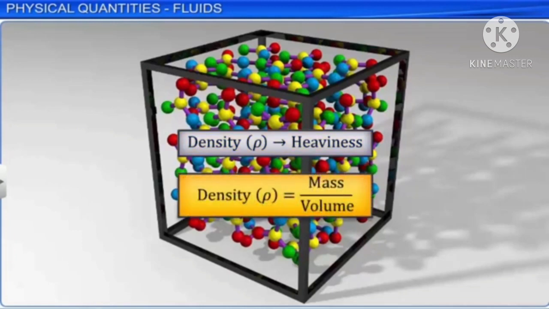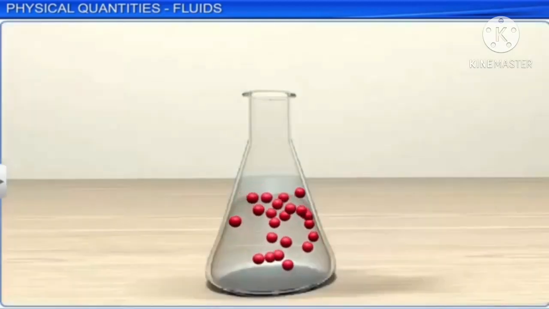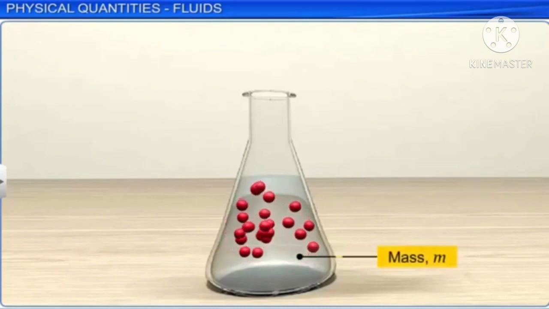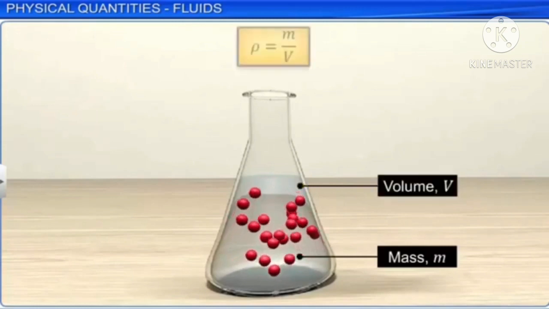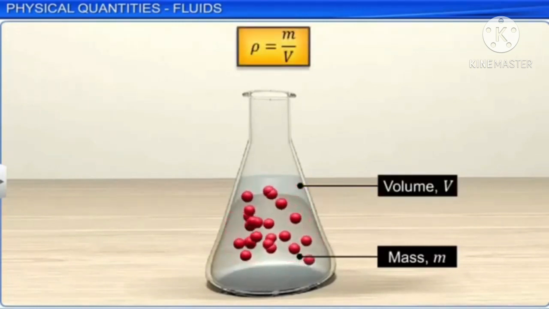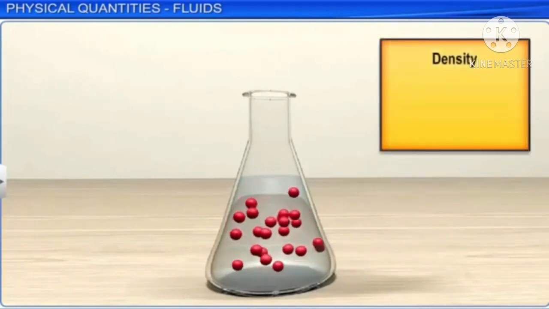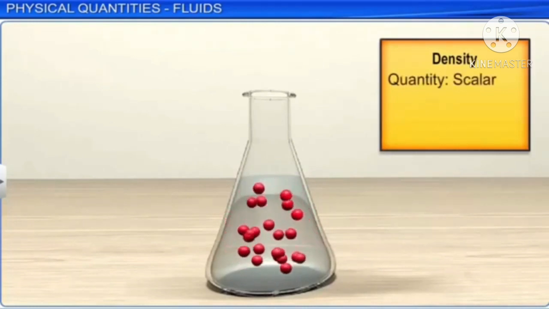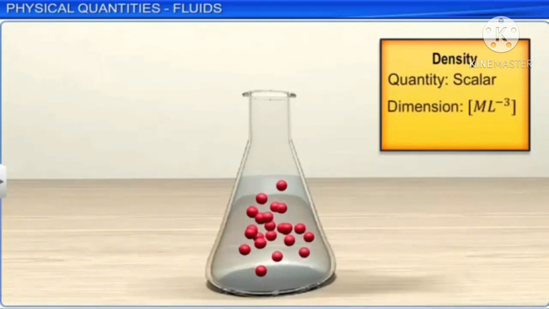Density of a fluid of mass m occupying volume V is represented as the ratio of m to V. As mass and volume both are scalars, density is scalar and its dimensions are M L power minus 3. In SI system, density is measured in kilograms per cubic meter.